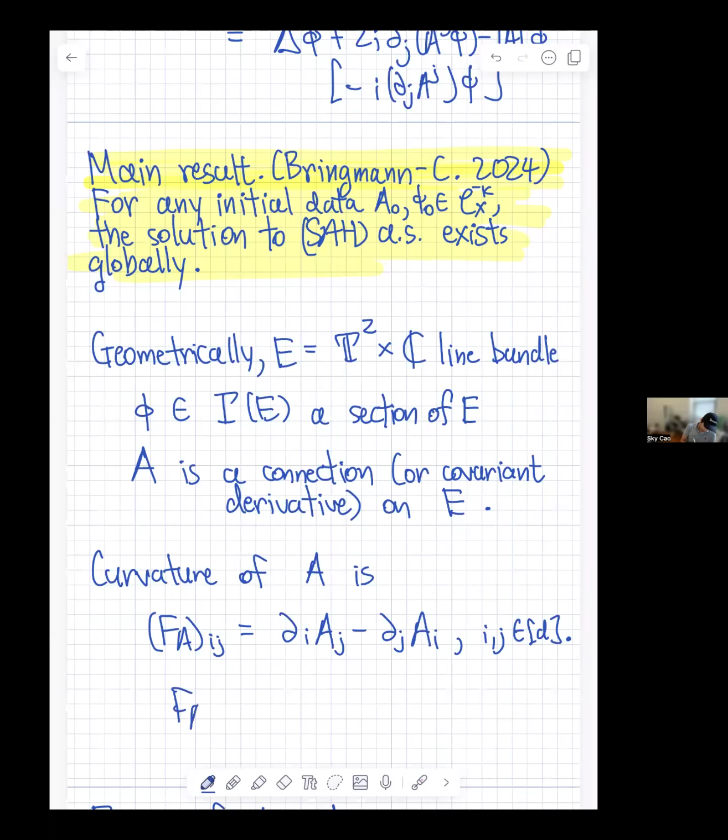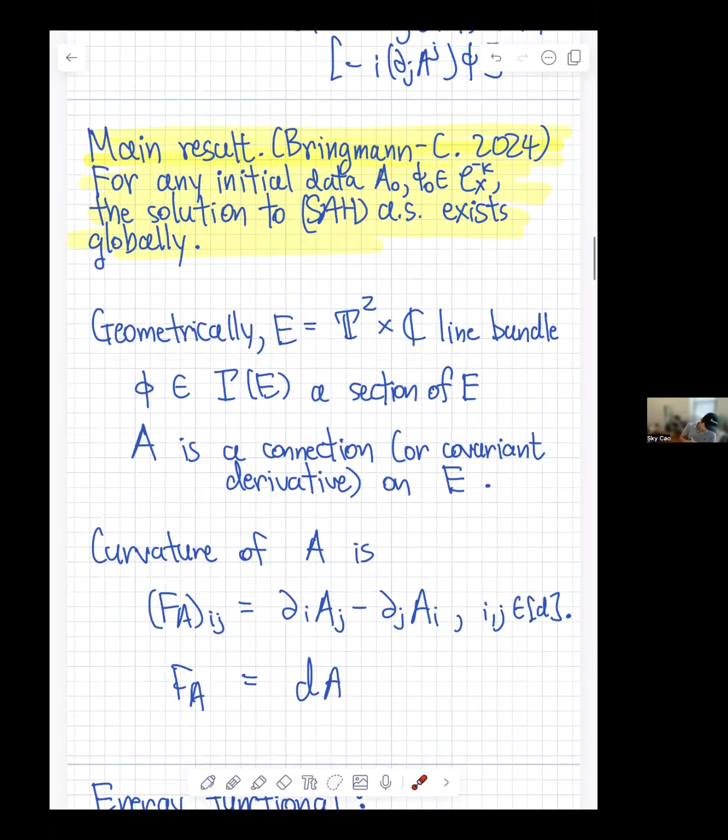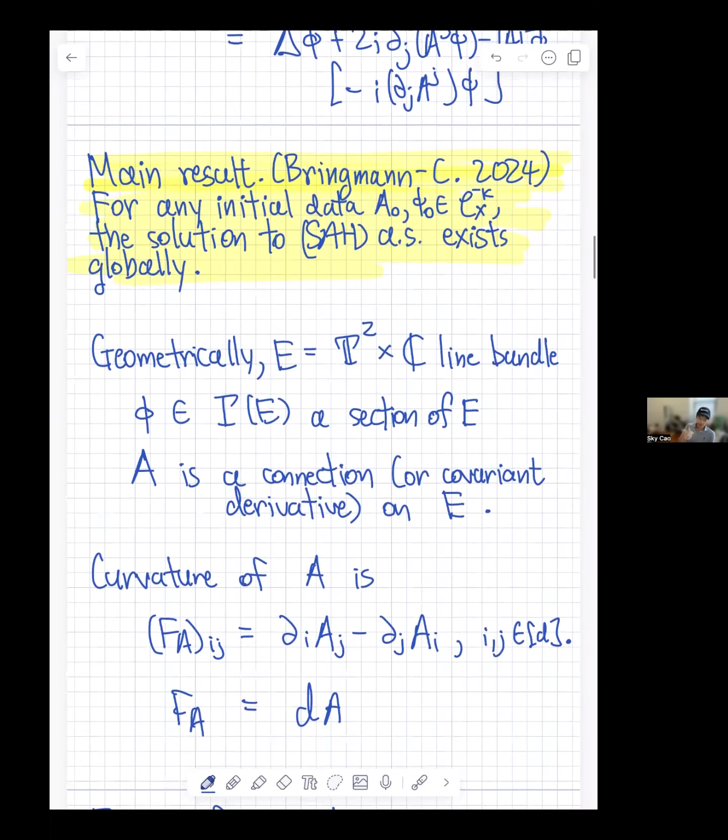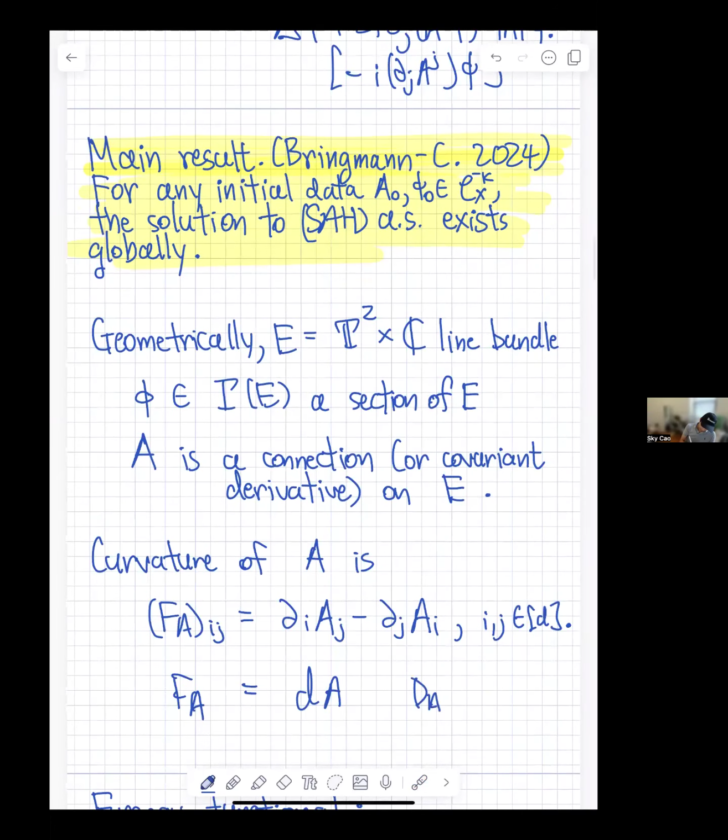You could also think of it as just the exterior derivative of A. In coordinates, the ij-th entry or function of the curvature is partial i A j minus partial j A i, which is also just the exterior derivative of A. This notion of curvature captures how non-trivial your geometry is, in the sense that if you compute commutators of your covariant derivative, you basically get the curvature popping out.